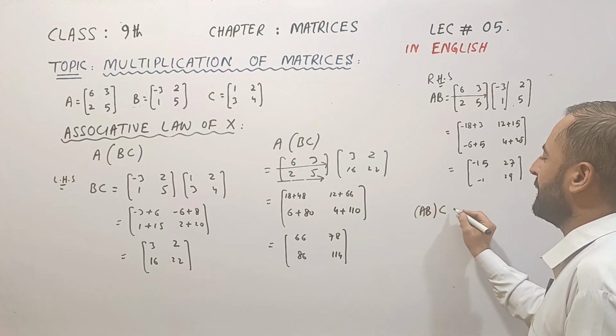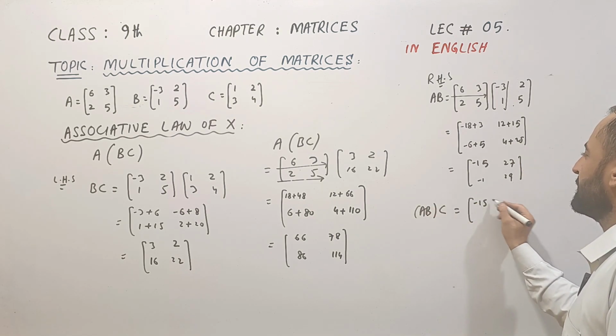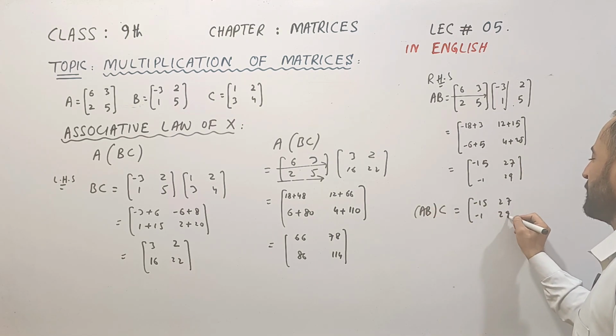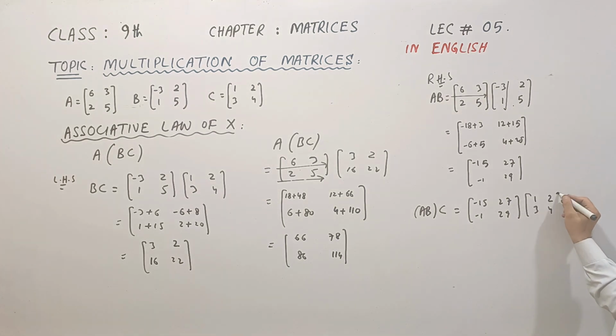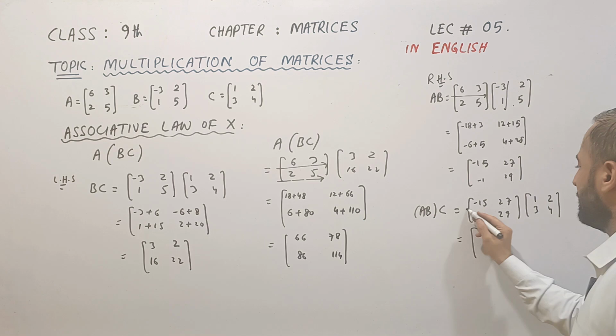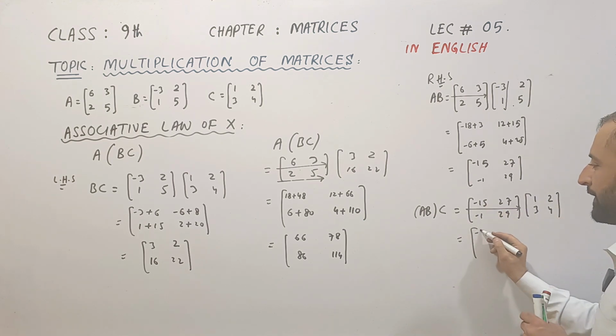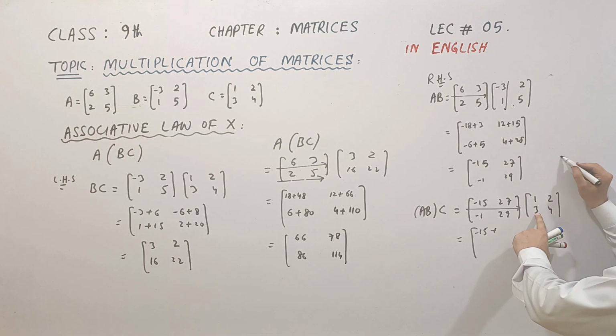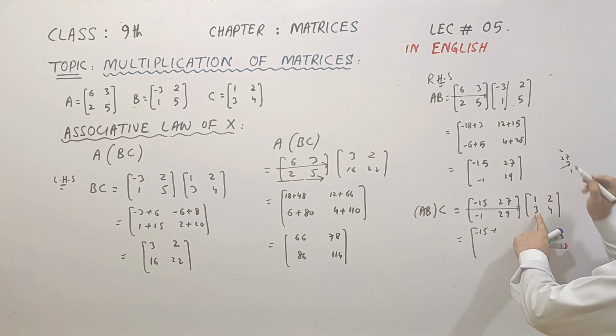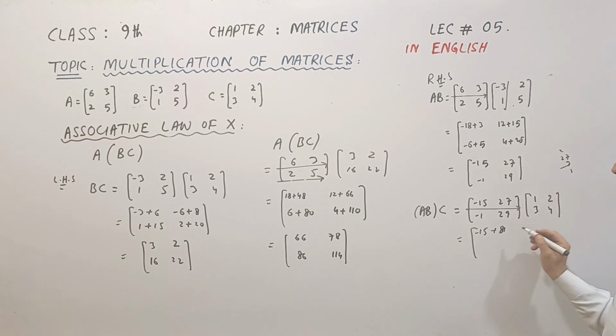AB multiplied by C. This is AB, minus 15, 27, minus 1, 29, and C, 1, 2, 3, 4. So let's multiply them. Minus 15 plus 27 multiplied by 3, students, 81.